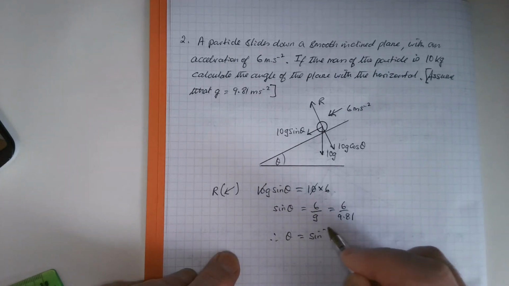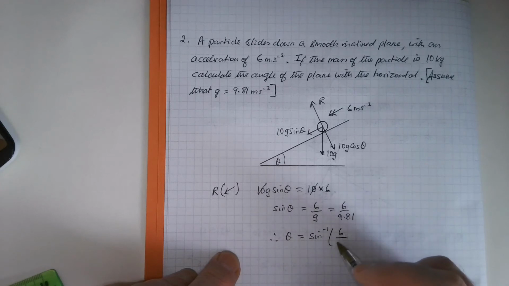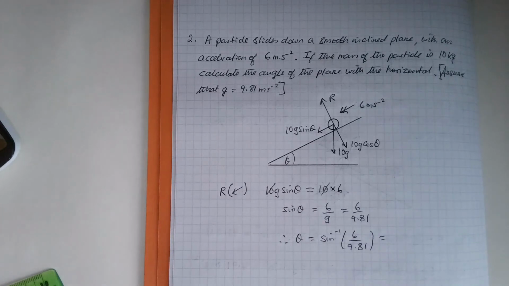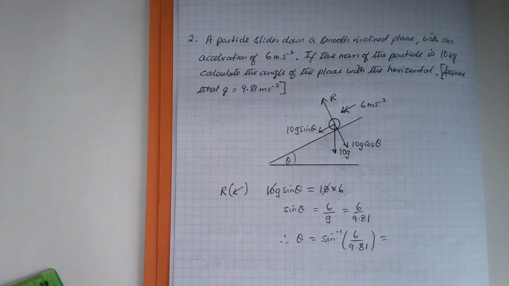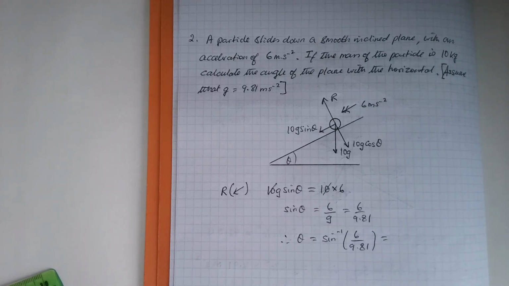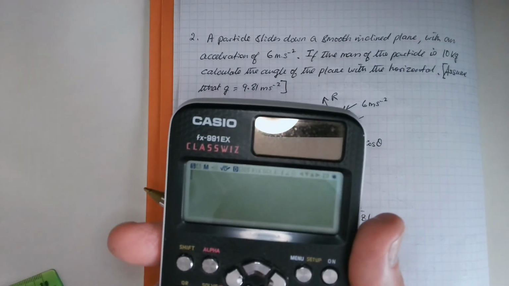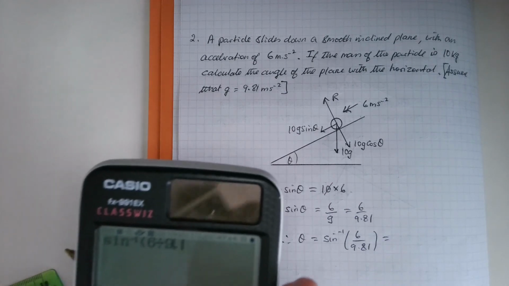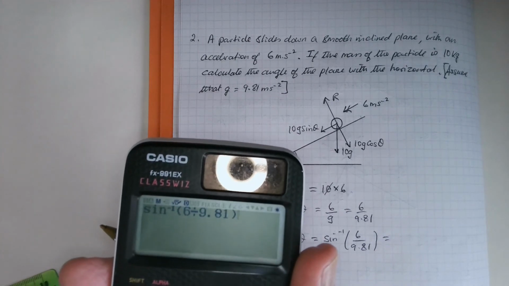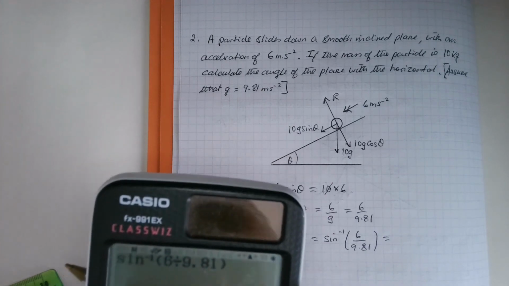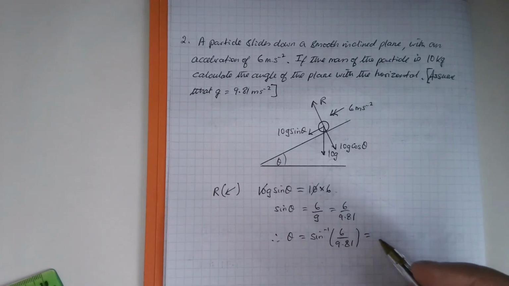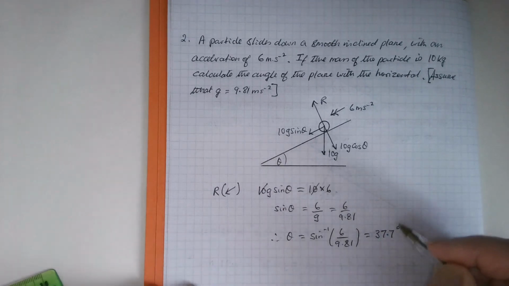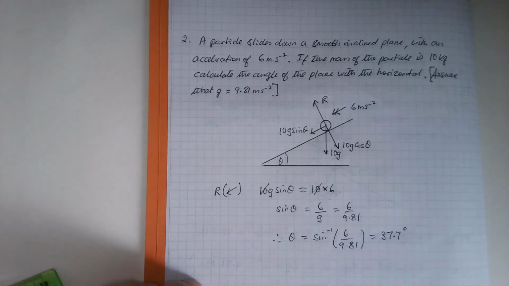So it's inverse sine of 6 over 9.81, and on the calculator you should find that shift sine to minus 1 of 6 divided by 9.81 gives us 37.7 degrees. Okay, nice and straightforward.